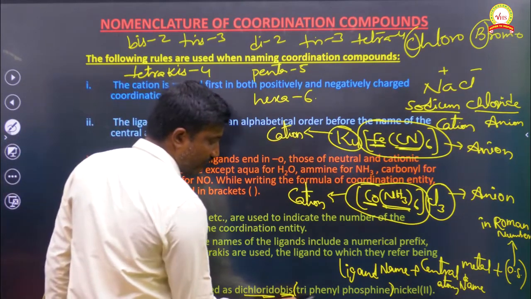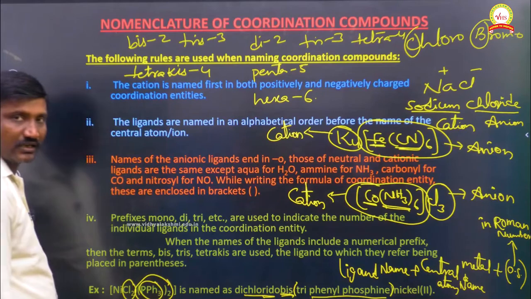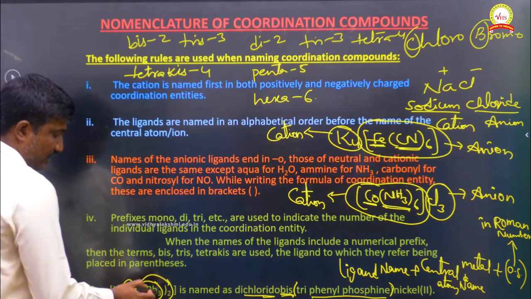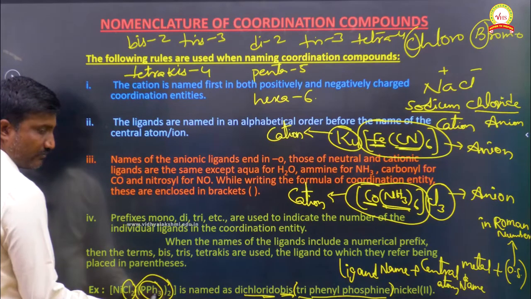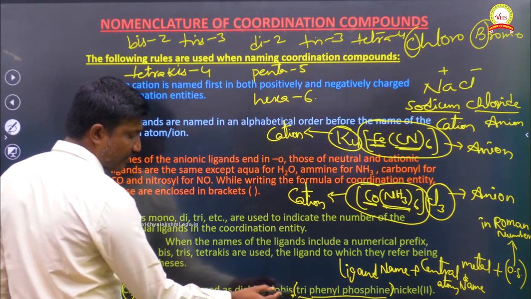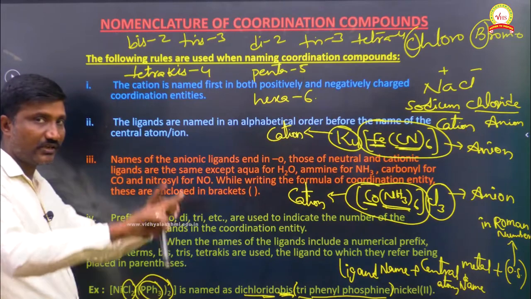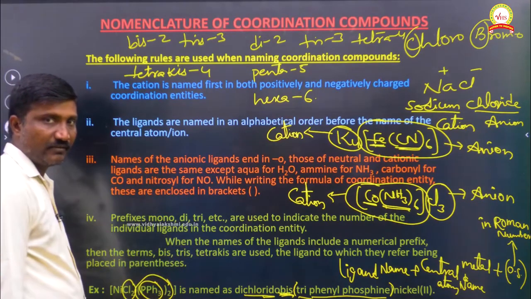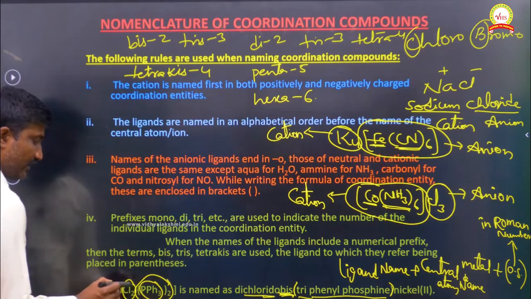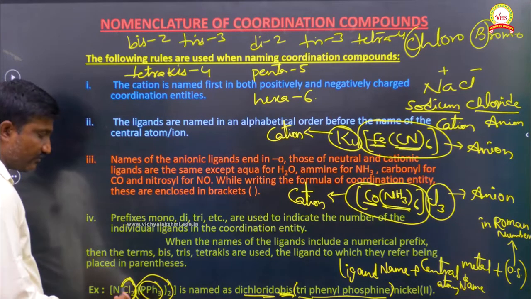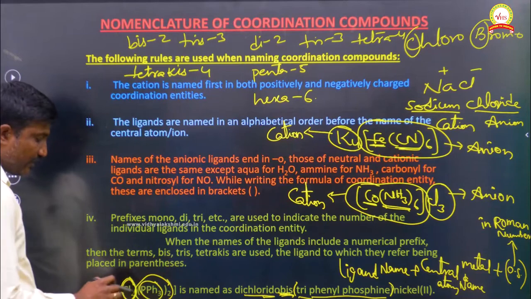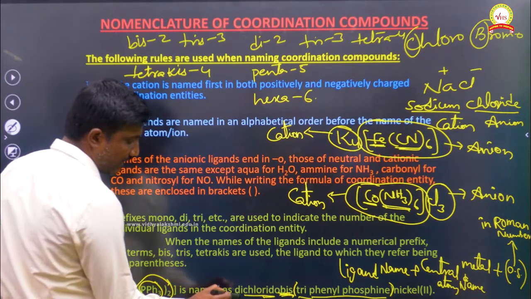After that we write triphenylphosphine. Here there are 3 phenyls, so triphenyl. But here a number subscript is there, so we indicate that repetition as bis, and we keep the name of the ligand in bracket. And chlorido is a simple monodentate ligand, repeating 2 times, so dichlorido.